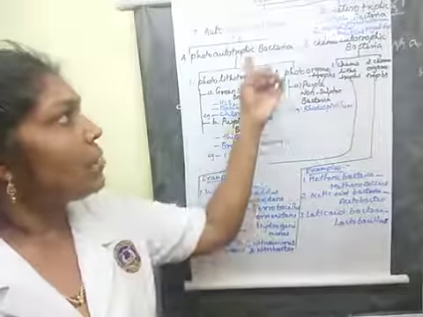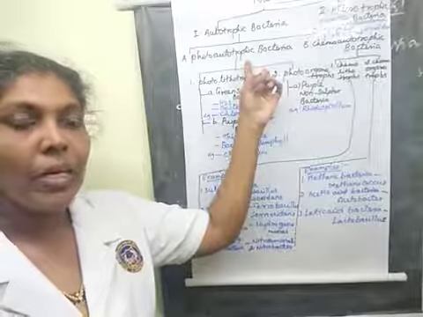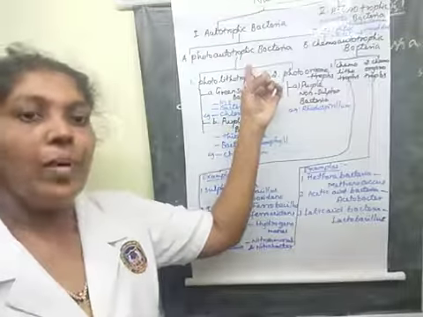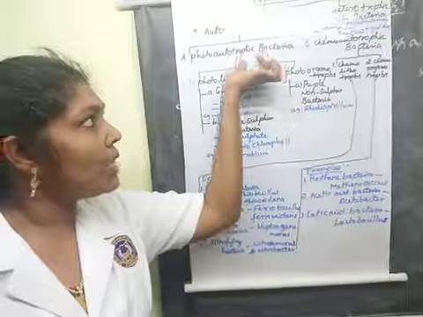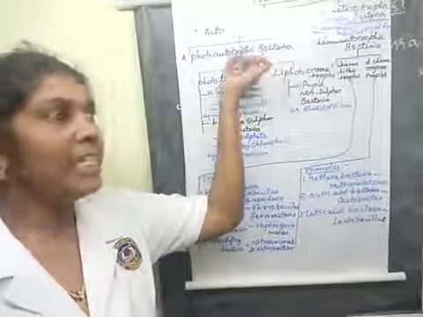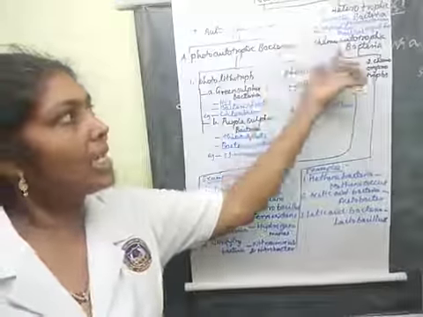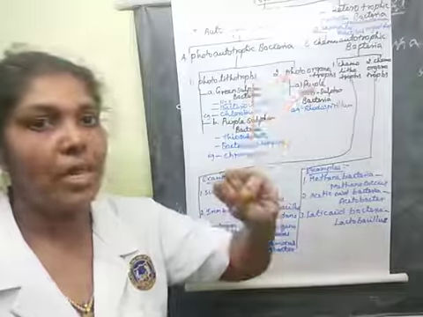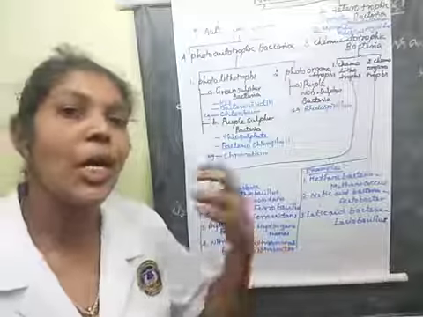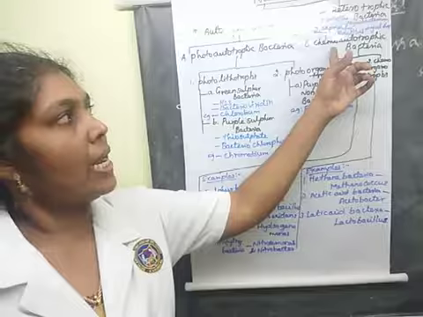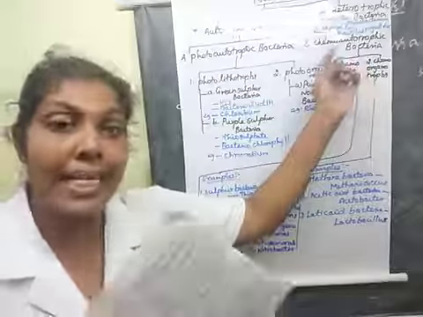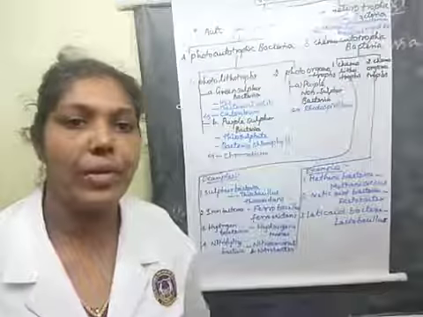Clear? So here, photoautotrophs have chlorophyll pigments and use sunlight energy to prepare food. Chemoautotrophs use some chemical substances, inorganic and organic molecules, to get energy and prepare the food. Understood children?